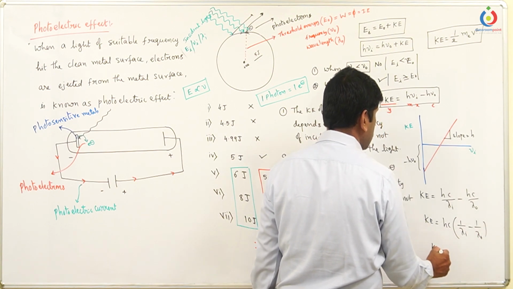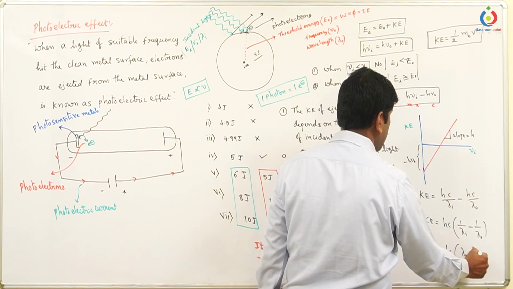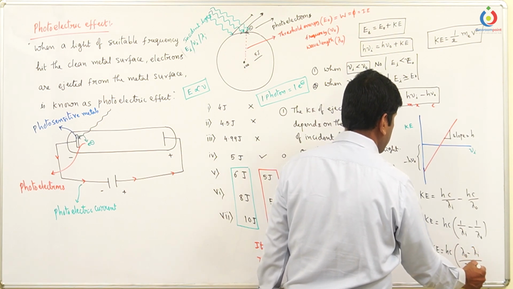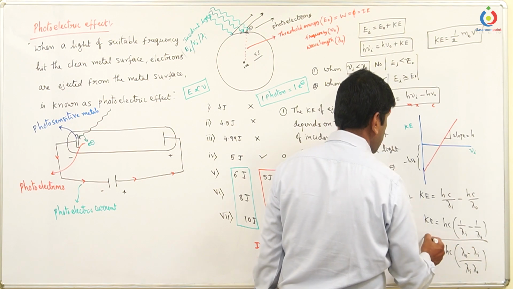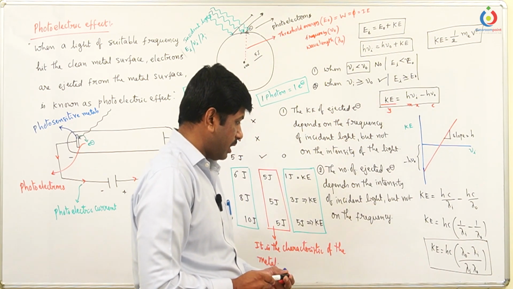Further simplification gives hc into lambda naught minus lambda I divided by lambda I lambda naught. So when wavelengths are given, we can take the graph like this.